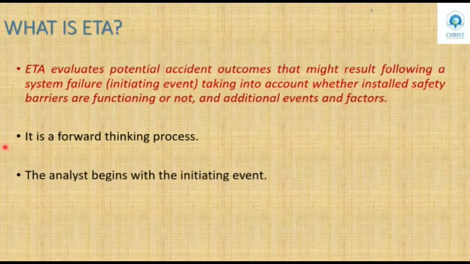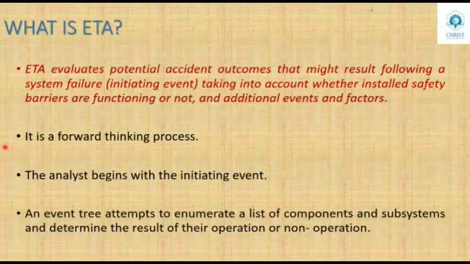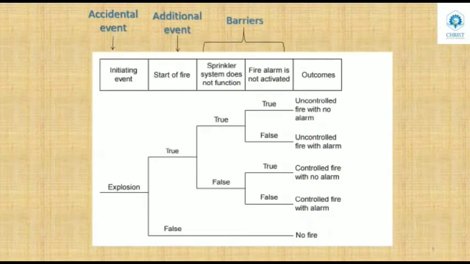The analyst begins with the initiating event. An event tree attempts to enumerate a list of components and systems and determine the result of their operation or non-operation. That can be seen in the next slide, where an example is given. The accidental event example is an explosion.